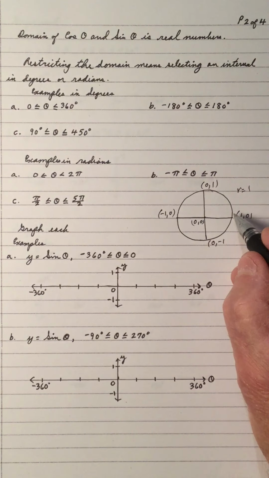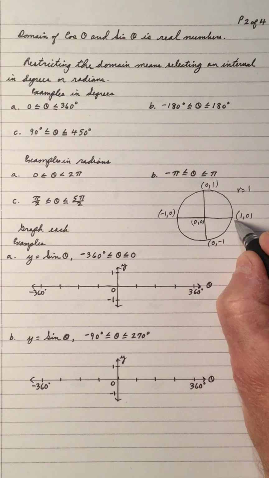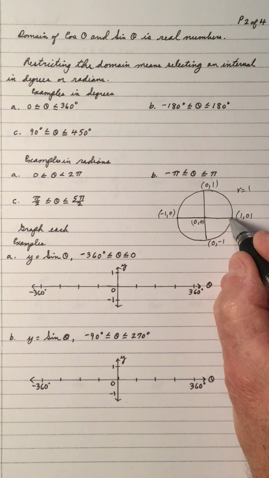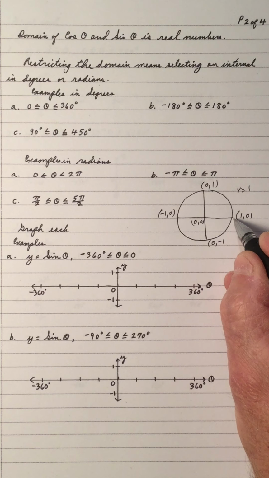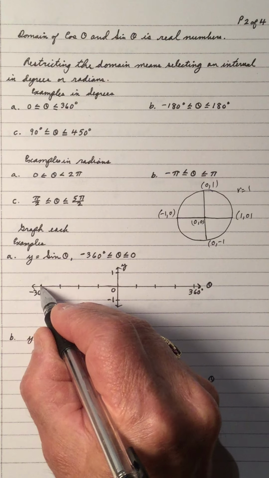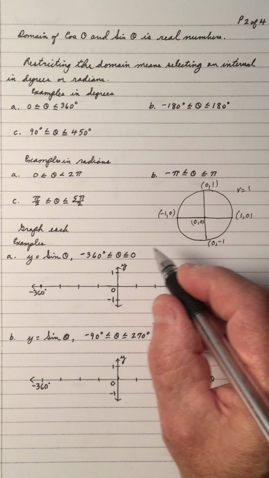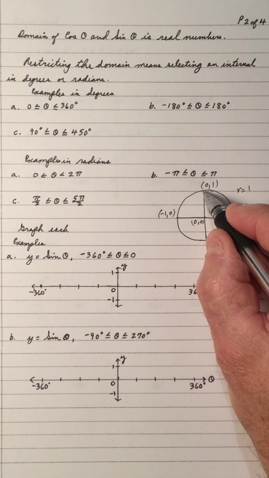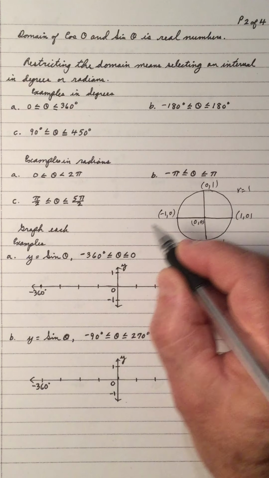So negative 360. There's a 0 right here. Negative 360 is all the way back right to here. Sine is the y, so it's a 0. So negative 360 is a 0. And as we're going negative, negative 270 is here. So the sine is 1.